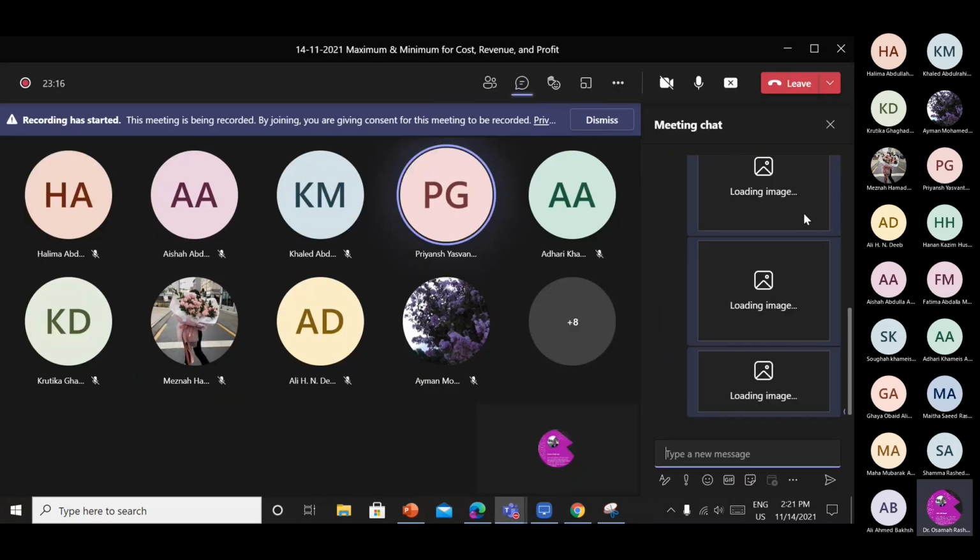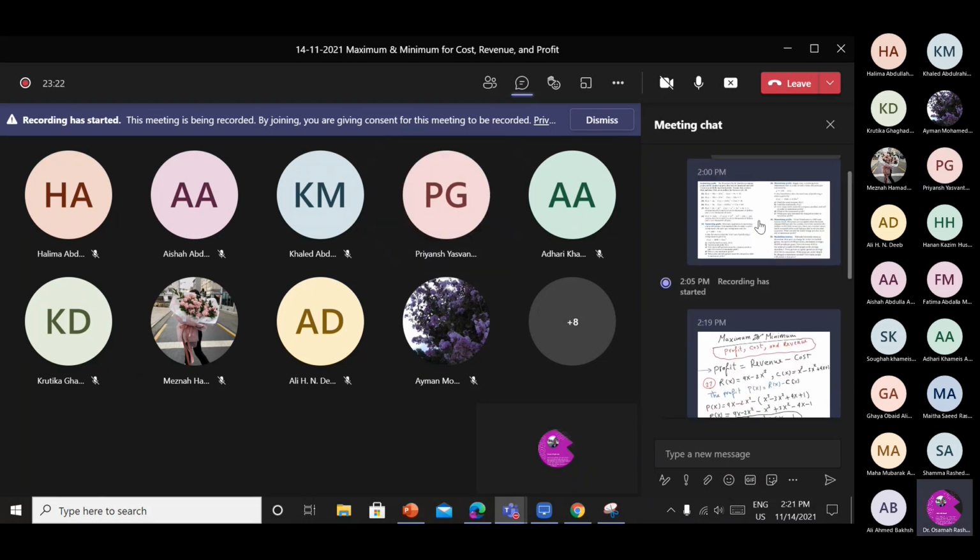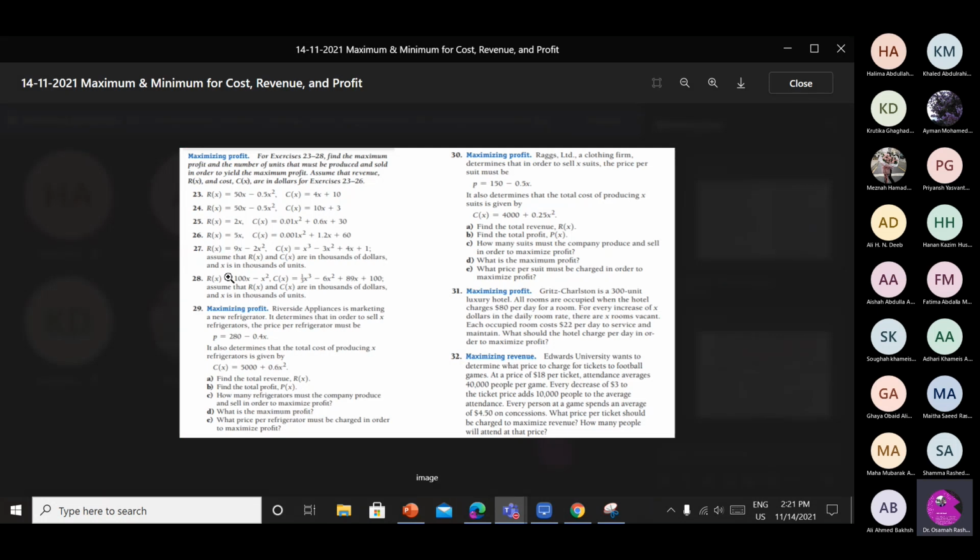Could you repeat again? Yeah, sure. We solved number 27, right? What does 27 say? He gave you the revenue R of x equal to 9x minus 2x squared. This is 27.